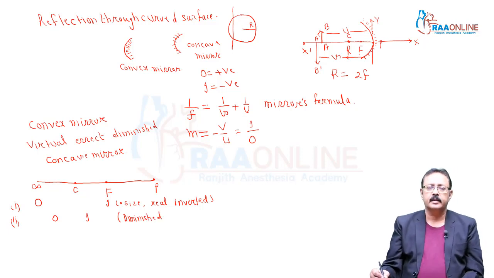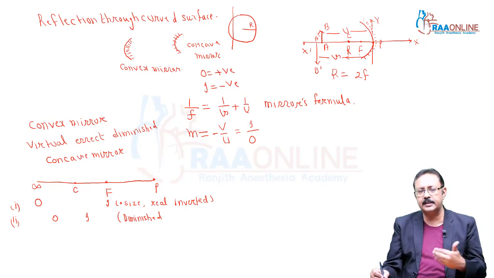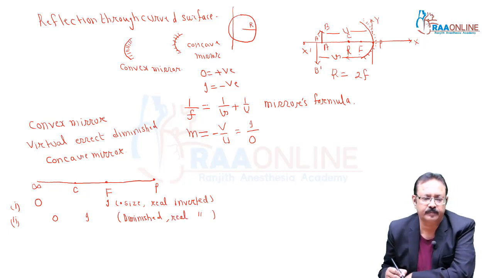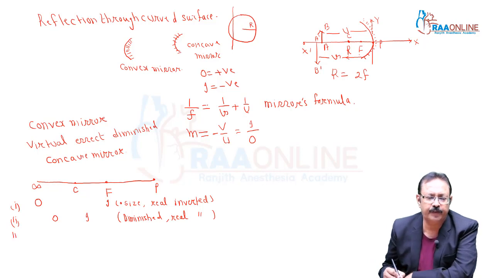Diminished means the size of the image is less than the size of the object. It is real. It is inverted. If you put the object on C, you will get its image on C only. It is equal in size. Real and inverted.